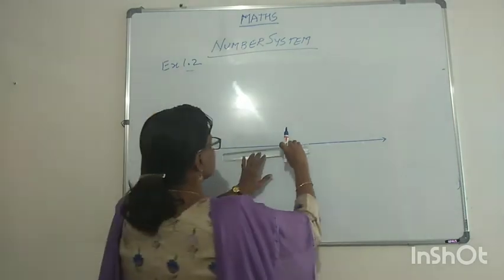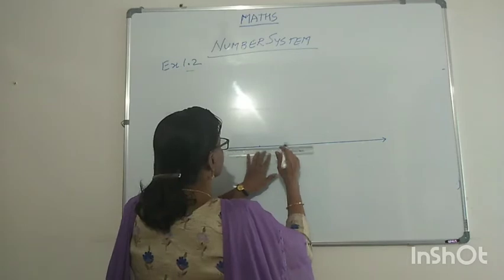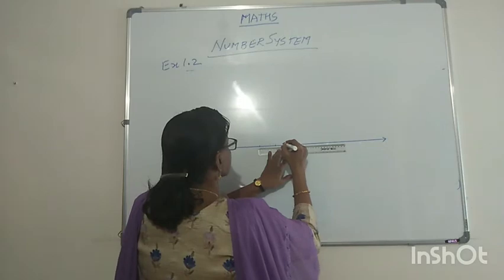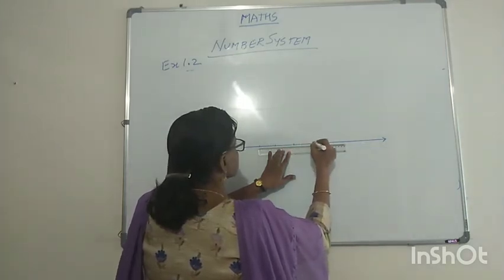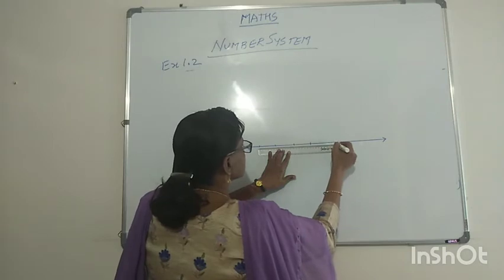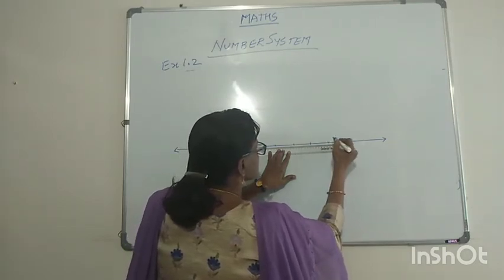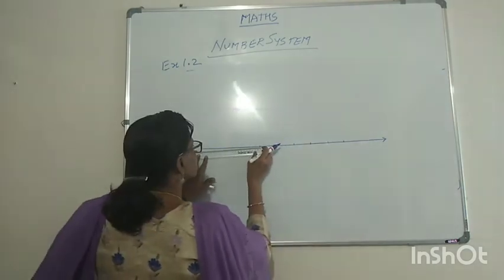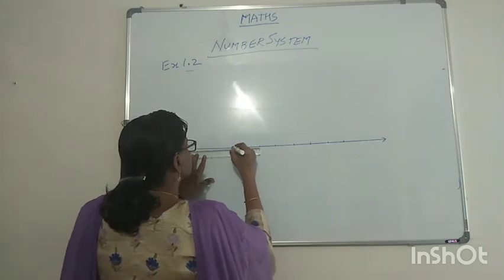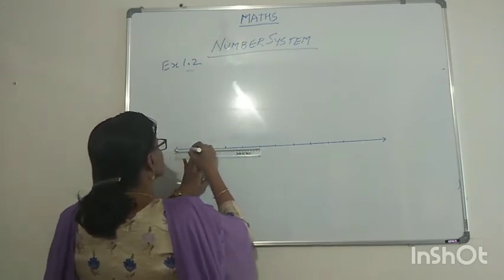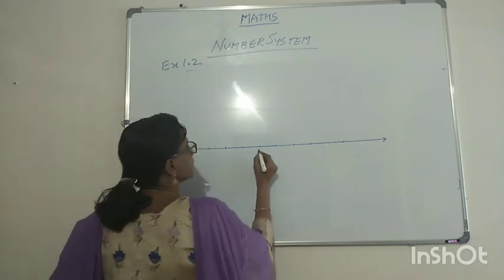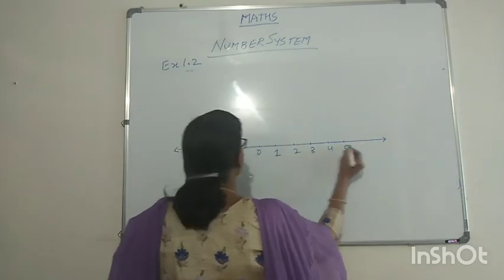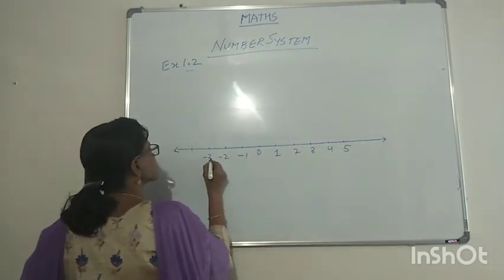So let's mark the number line, and let this be 0, this be 1, 2, 3, 4, 5, minus 1, minus 2, minus 3, minus 4.